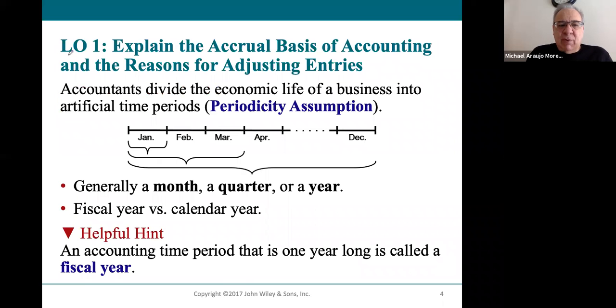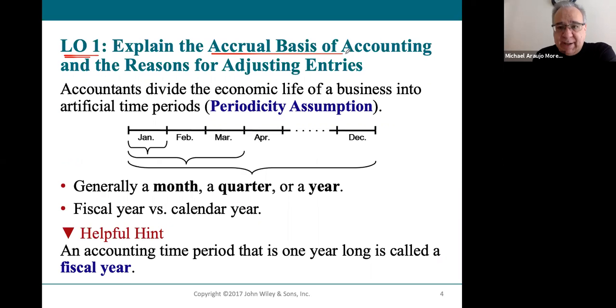But to understand these concepts are really important. What you're learning is something called the accrual basis of accounting. It's just simply how corporations, public corporations, are required to do their accounting and keep their system.